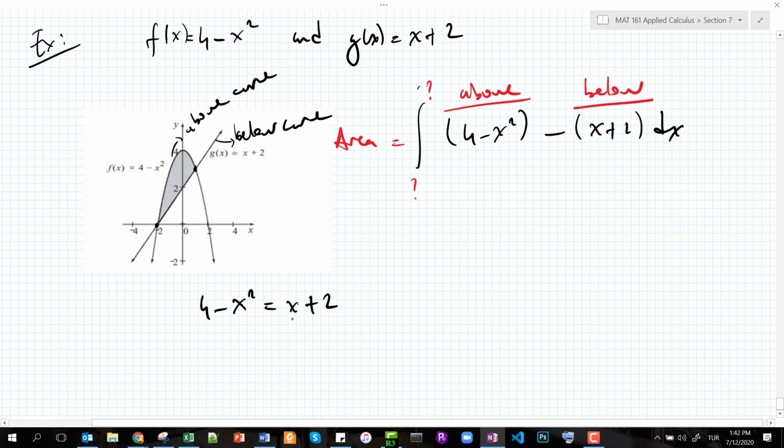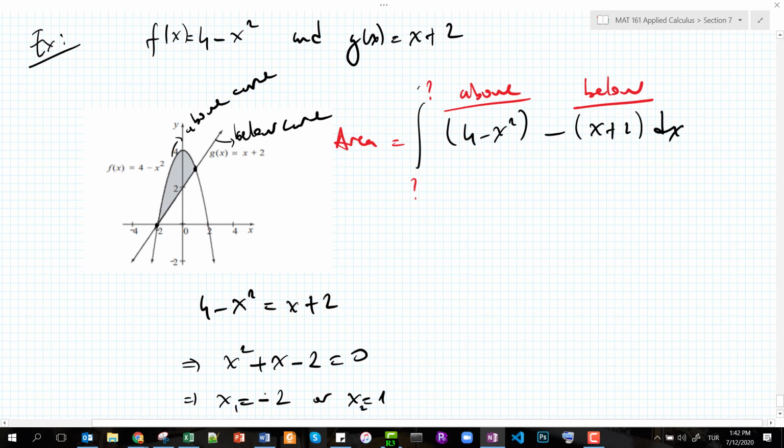correct. So x squared plus x minus 2 will be 0, and if you solve this quadratic equation, x is going to be either -2 or x is going to be equal to 1. You can see the same results from the graph.